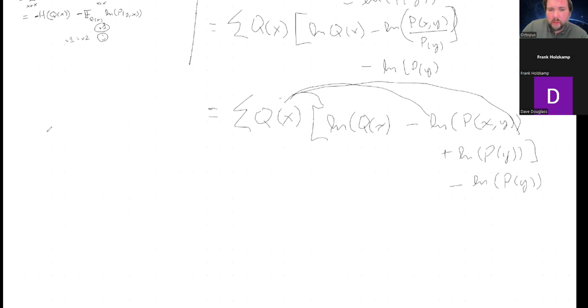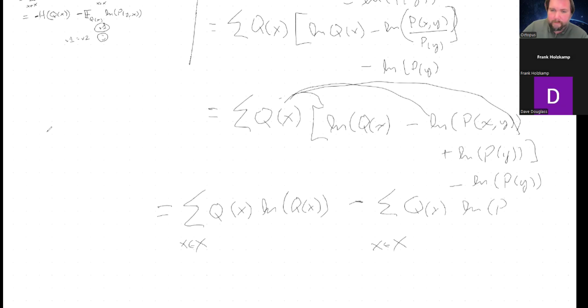So this is going to be the sum over x in X of q of x natural log q of x, minus the sum over x in X of q of x natural log of probability of x and y.